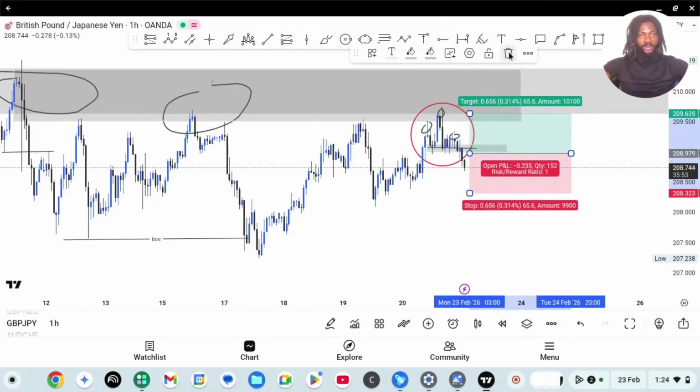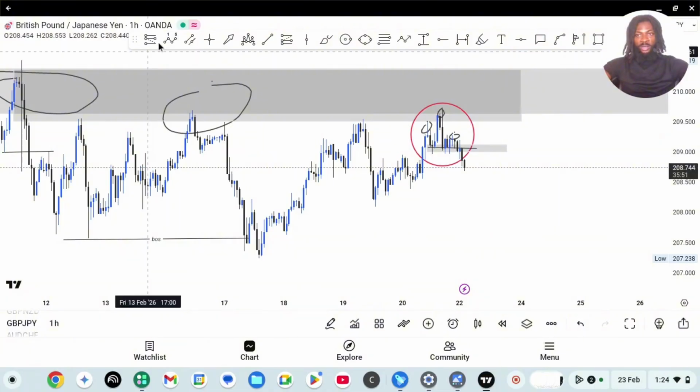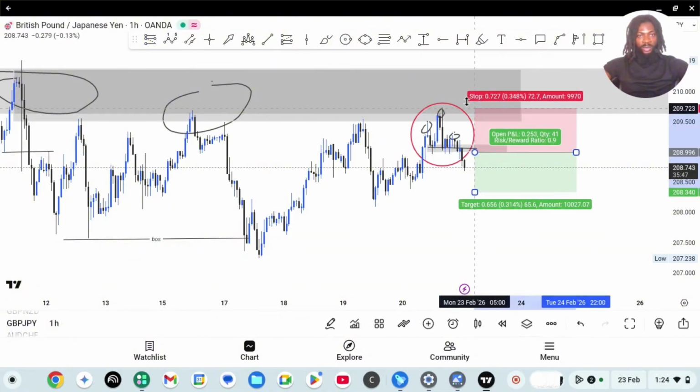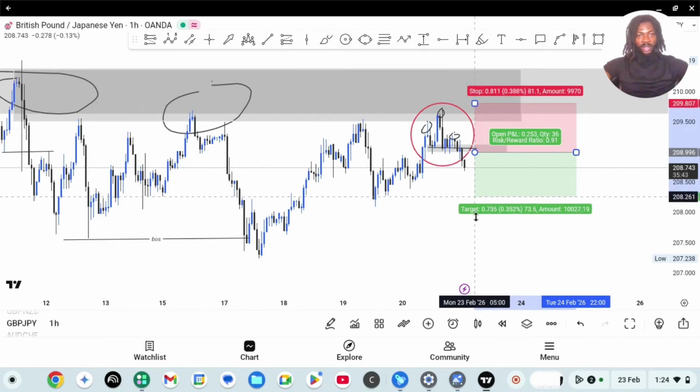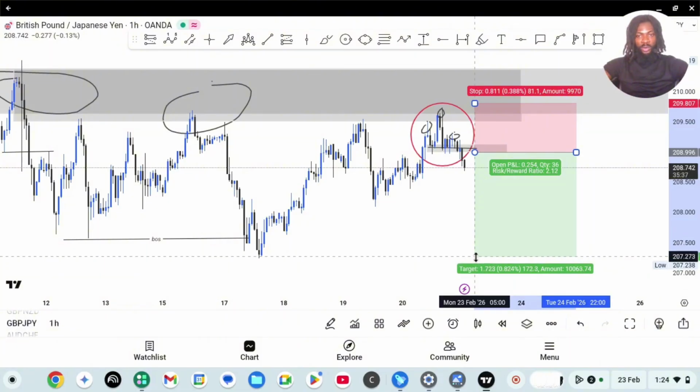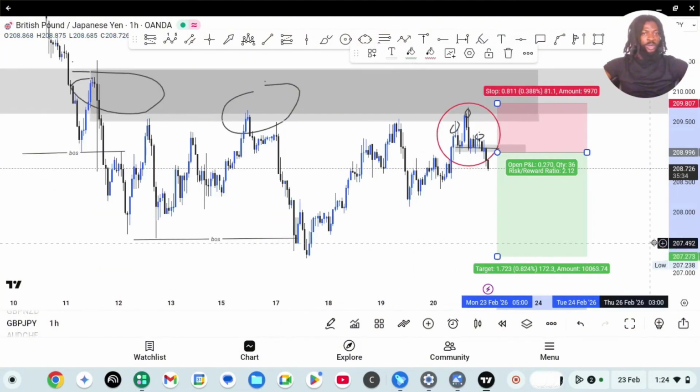Yeah, it has moved a little bit, but we wait for a little bit of pullback to this neckline. Put our stop loss here and target at least 1:2 risk reward, or the swing low here. All right, that is where we are going to be targeting.